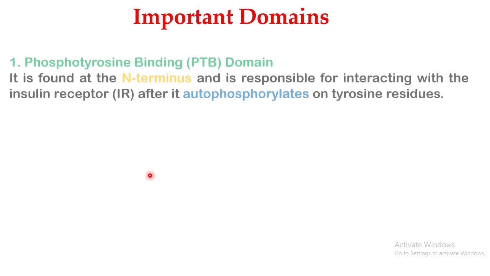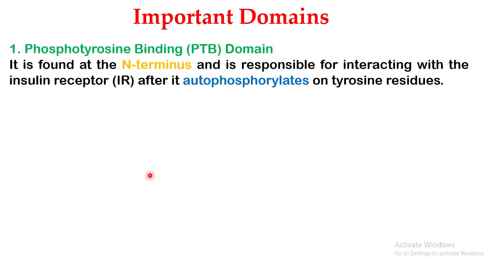So, what are the important domains that you see in the IRS protein? One of the important domains is known as the phosphotyrosine binding domain. Now, the name indicates this is a binding domain. Where does it bind? It binds on the phosphotyrosine. This PTB domain is found at the N terminus, and it is responsible for interacting with the insulin receptor after it is phosphorylated on the tyrosine residues.